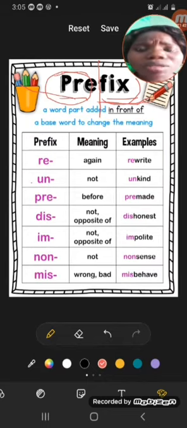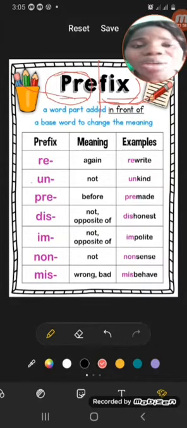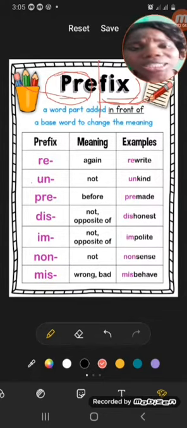We also have so many other letters that can be added to the beginning of a word to make it a prefix. Do you understand now? And you must notice there are some prefixes that, when you add them to a word, change the word to the opposite meaning.